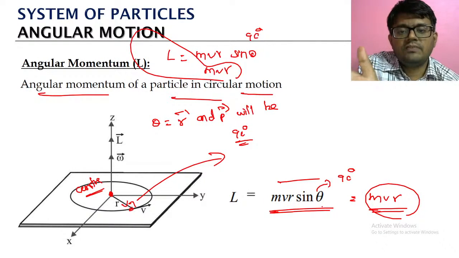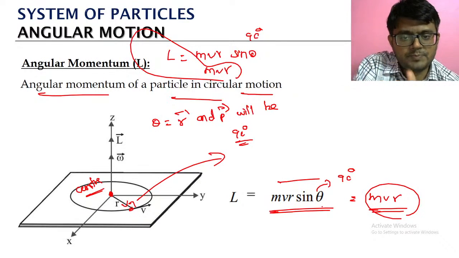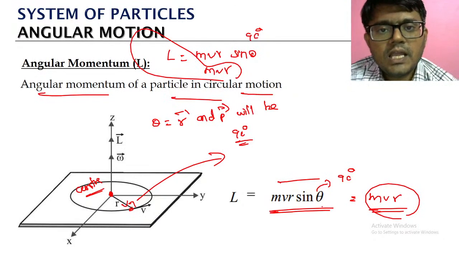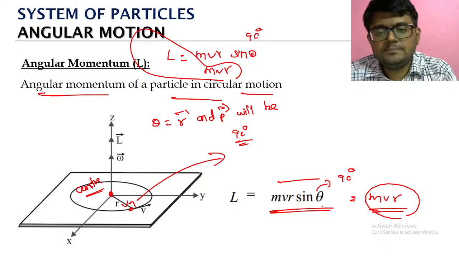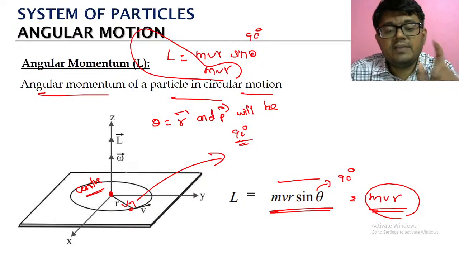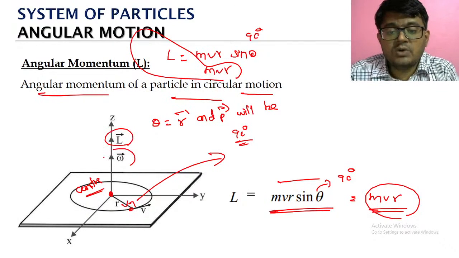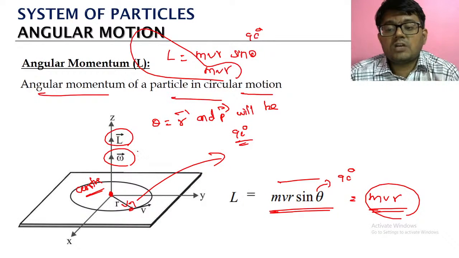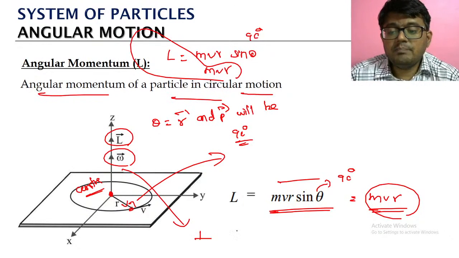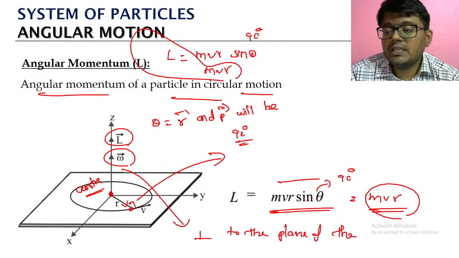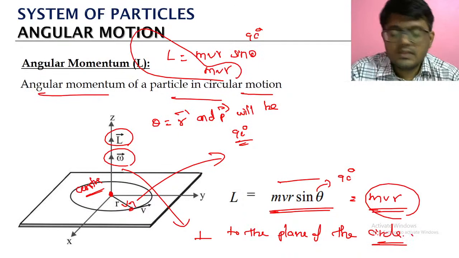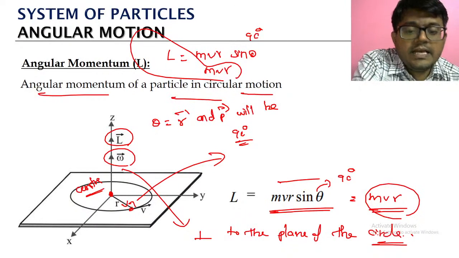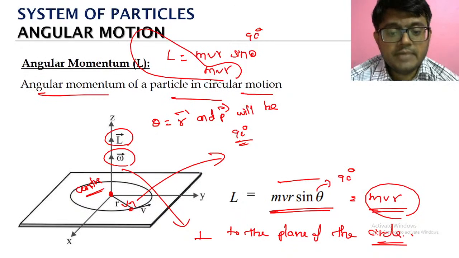Always அப்படிதான், like we have to give it by using the right hand thumb rule, R cross P. அதோட right hand thumb rule property base பண்ணி we will have to give the angular momentum அதோட direction. இங்க பாருங்க, when we are giving the angular momentum direction, the direction of the angular momentum will be perpendicular to the plane of the circle. என்னது பாருங்க, the direction of the angular momentum, right, it will be what?